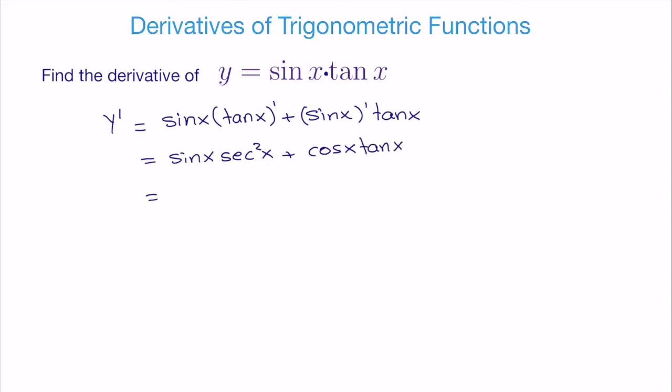The only thing I see we can do here: sine x secant squared x we cannot simplify, because secant squared is going to be 1 over cosine squared, and sine over cosine squared doesn't look better. But here we have cosine x, and then tangent x is sine x over cosine x. And my cosines simplify, and that looks better.